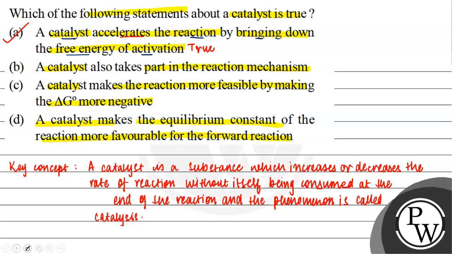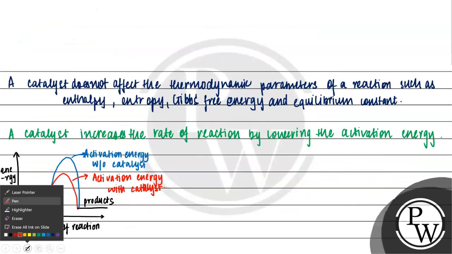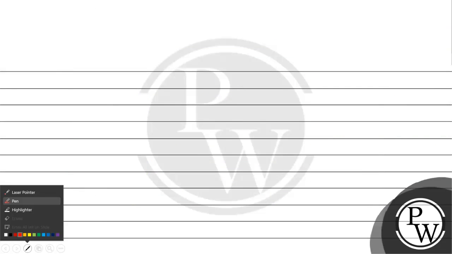Now let us talk about the second option and the other options as well for better understanding. The second option states that a catalyst also takes part in the reaction mechanism. We can say a catalyst does not take part in the reaction mechanism. We saw this in the key concept points, let me write it once more. It does not take part actively in the reaction.